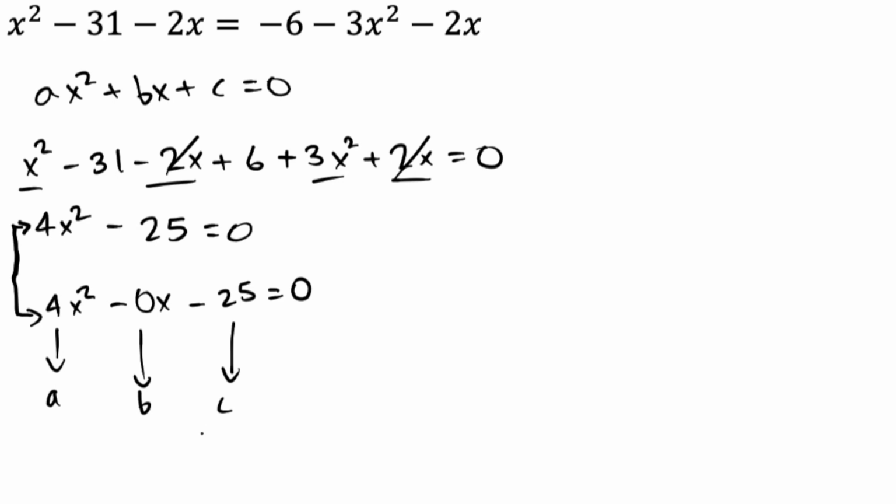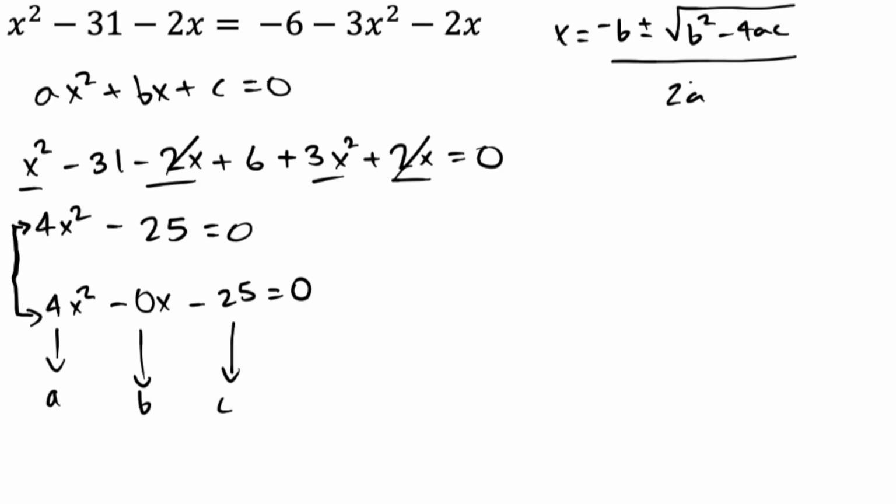So let's substitute this into our quadratic formula. Hopefully by now you memorized it. The quadratic formula is x is equal to negative b plus or minus the root of b squared minus 4ac all over 2a. It's so long that even sometimes I make mistakes.